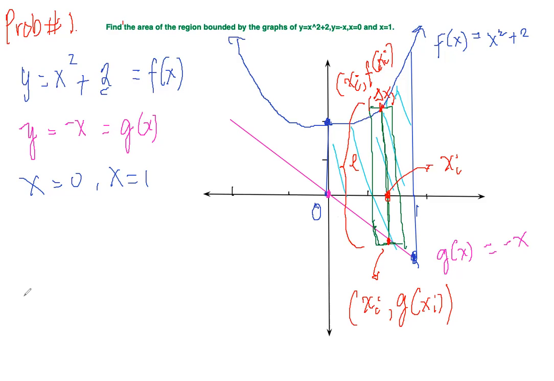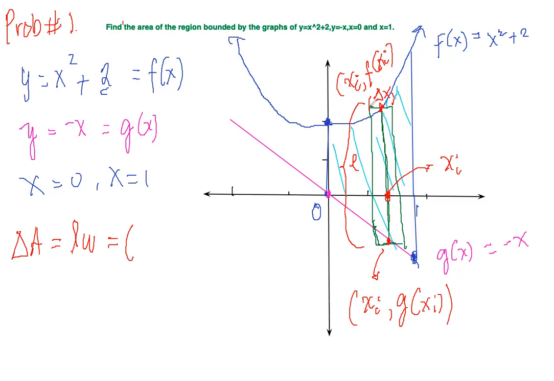So the change of area is equal to the length times the width of the representative rectangular strip. The length is equal to the difference of the heights, the difference of the y's of the 2 points.